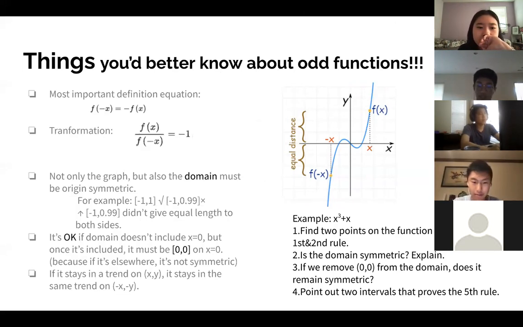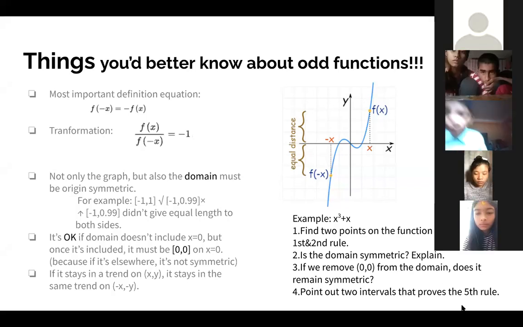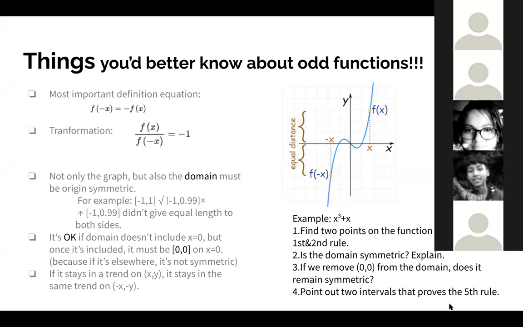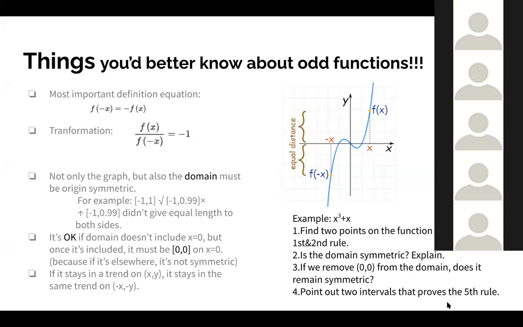So you should have a point (x, y), and if it's odd, it should also have the point (negative x, negative y). And it's okay if the domain does not include x equals 0. But if x equals 0 is in the domain, the point must be (0, 0).